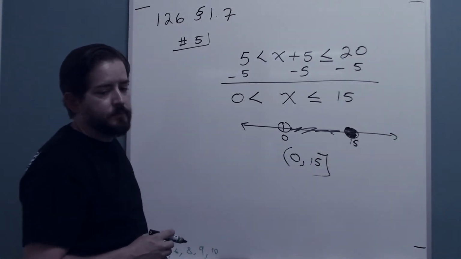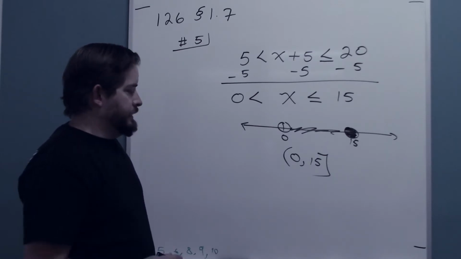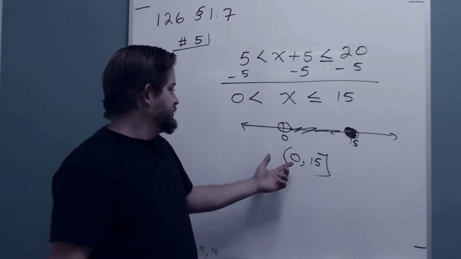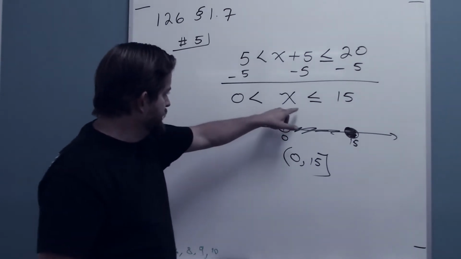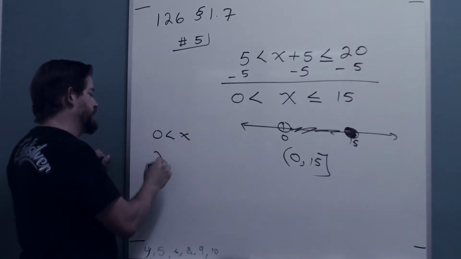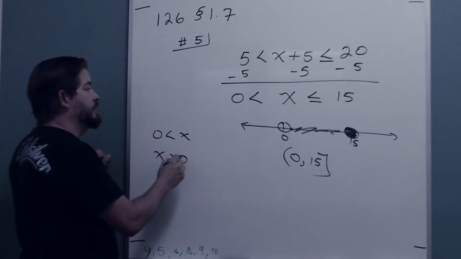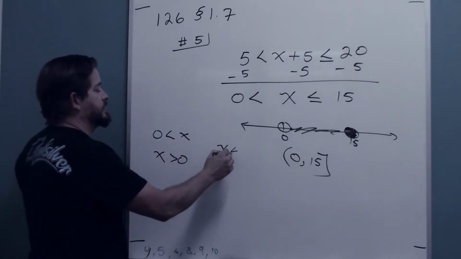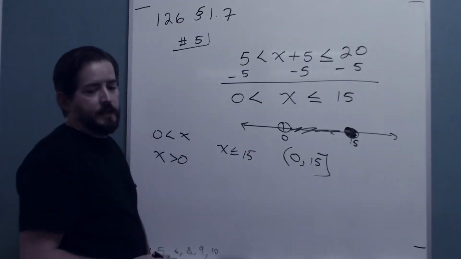Right? And then the solution is basically these two things, these expressions. We break this up and it's 0 is less than x, which you could also write as x is greater than 0, and you would have this x is less than or equal to 15, and that's what we're looking for.